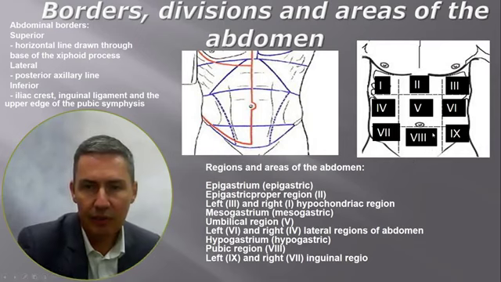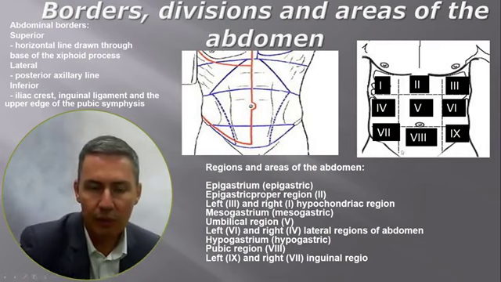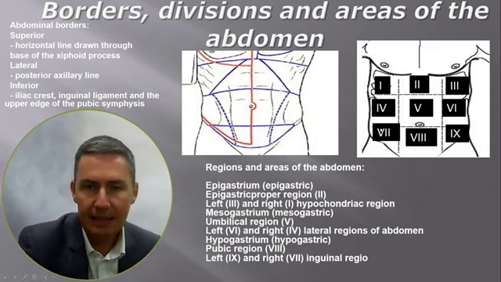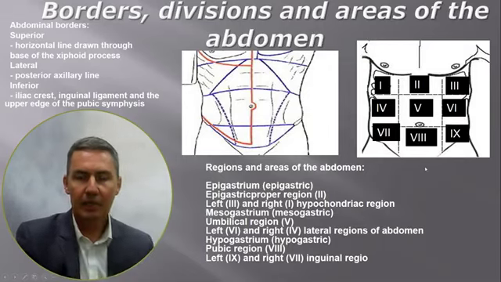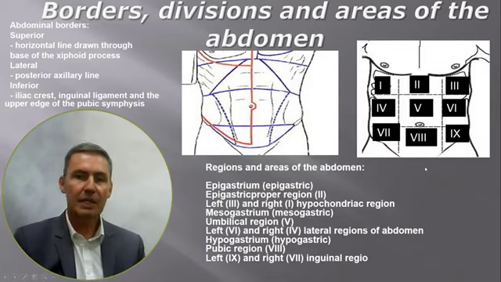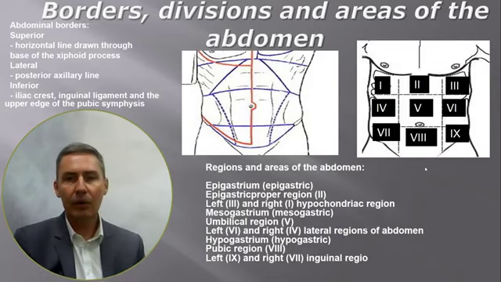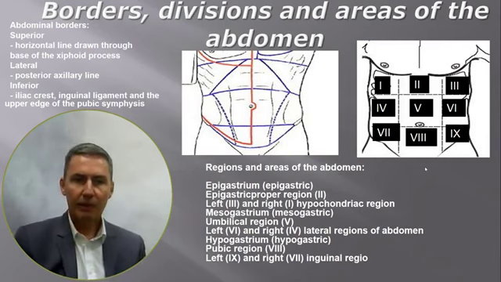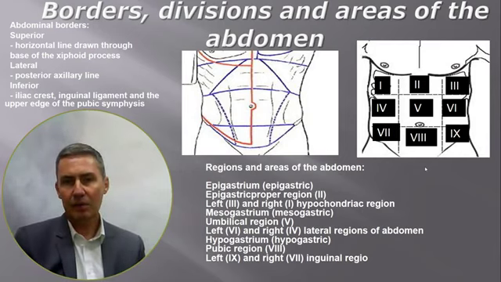Also in some textbooks you can find the suprapubic region, and left and right inguinal, or in some textbooks ilioinguinal regions. This knowledge about the topographical regions is very important, for example, for describing the location of the internal organs.